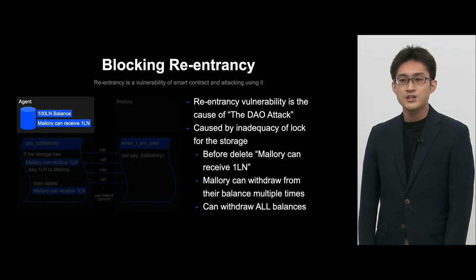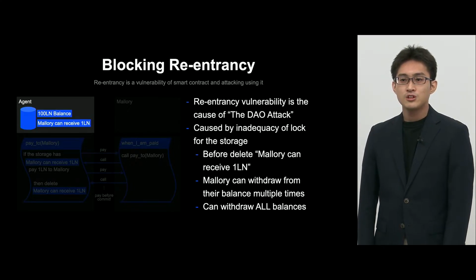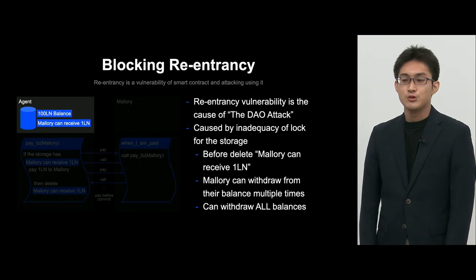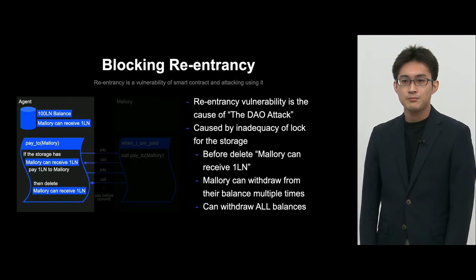On the left, we are showing you the agent contract that I talked about. The agent has the one link, which is the sale of the license by Mallory, and also the 99 link, so total 100. The information that Mallory can receive one link is stored in the storage.